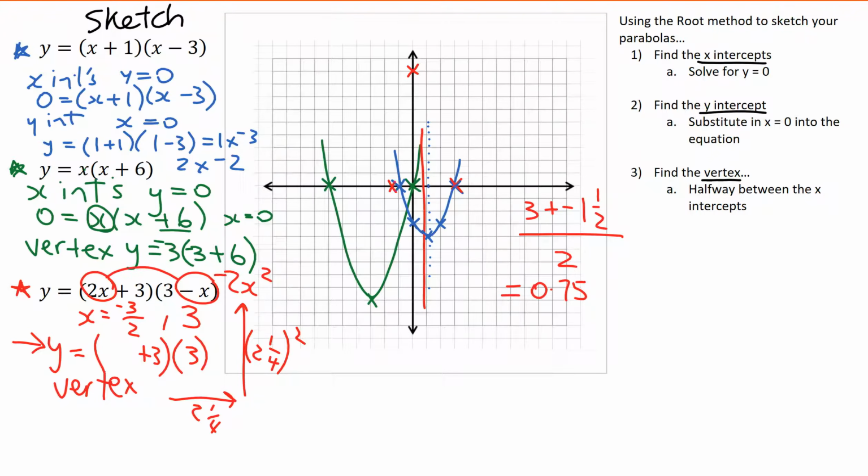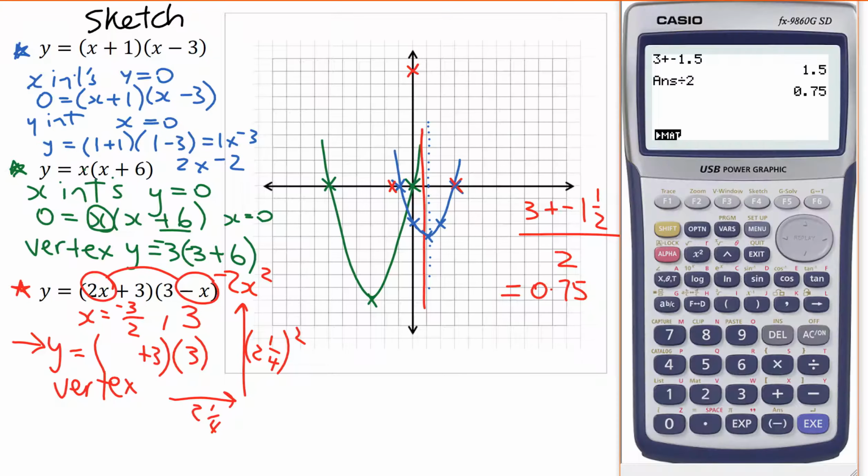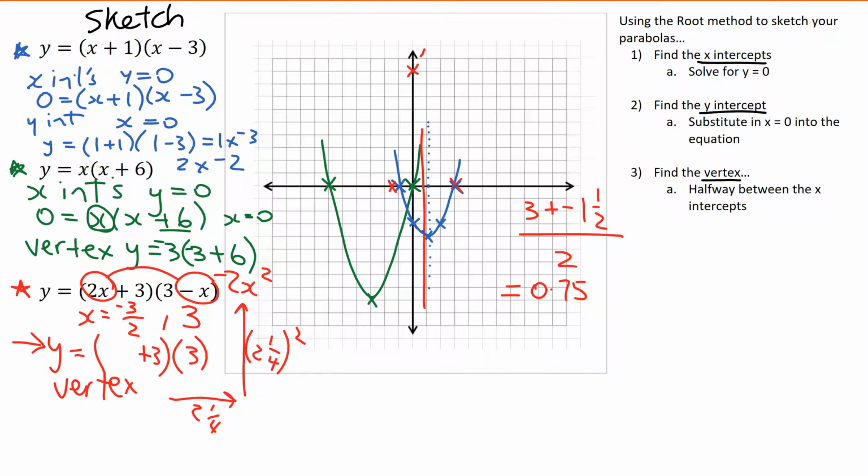So I'm going to put 0.75 into that formula. 2 times 0.75 plus 3, into 3 minus 0.75 gives me an answer of 10 and a little bit, so it goes through just there.